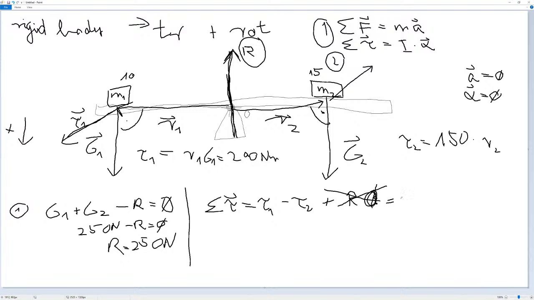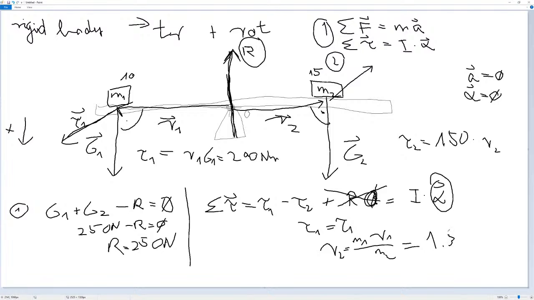Therefore, since this is moment of inertia times alpha, and this alpha has to be 0 for balance, tau 1 equals tau 2 because of the plus and minus sign, and that can give you R2 equals M1 R1 divided by M2, and that will be 1.3 meter.